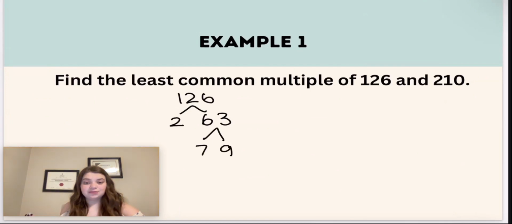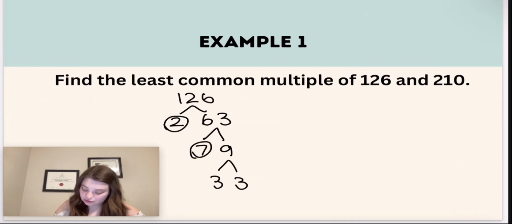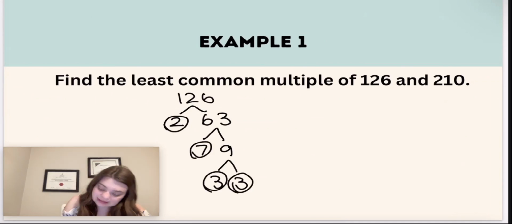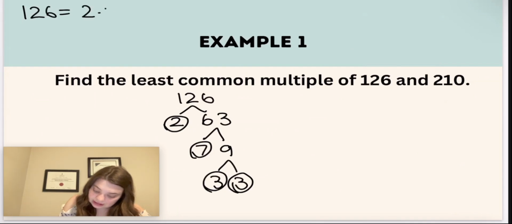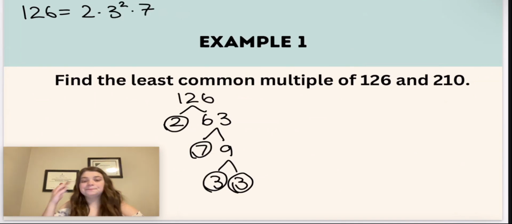And then 7 is prime, but 9 is not. 9 is 3 times 3. And then I'm going to circle my prime factors to show that these are all prime factors. And so essentially 126 can be broken down into 2 times 3 times 3 times 7, or you could write it as 2 times 3 squared times 7.